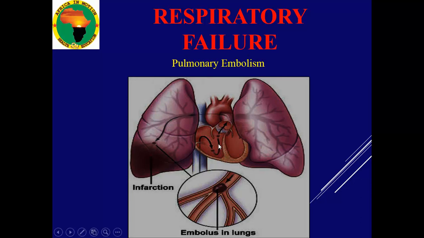Then the heart pushes it to the lungs, trying to get what? Oxygen. It will come and block. You see where it has blocked. Now, if this vessel is blocked, then this whole area will become ischemic, then it gets a dark infarction, okay? So this will cause respiratory failure as well.